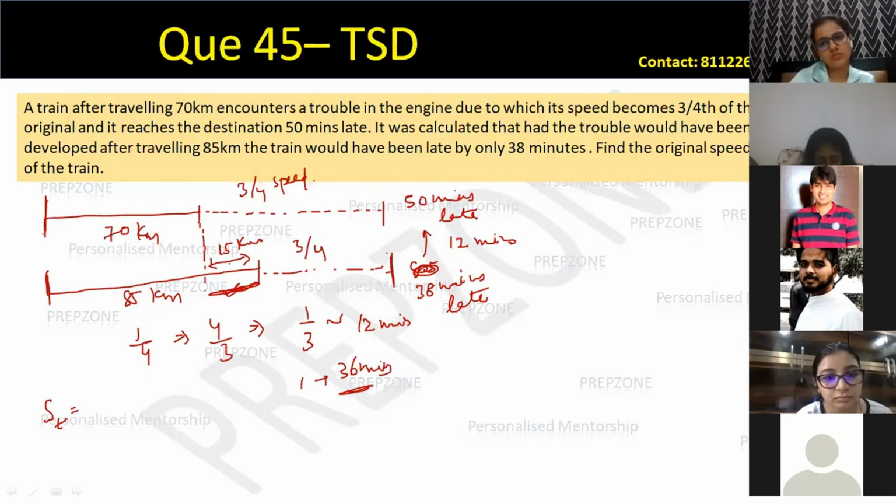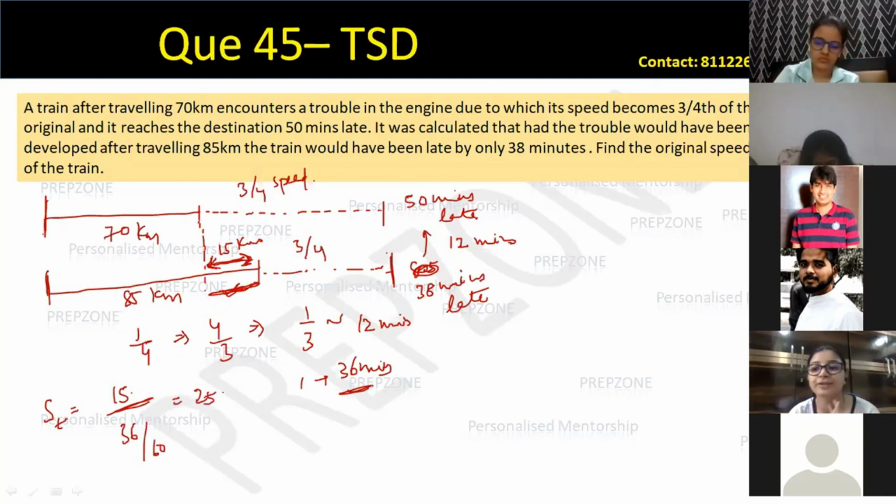It is 36 minutes. So this extra distance which is being traveled, that is 15 kilometer, and this is traveled in 36 minutes. So time will be 36 by 60. 15 kilometer by 36 by 60, this comes out to be 25 kilometer per hour.